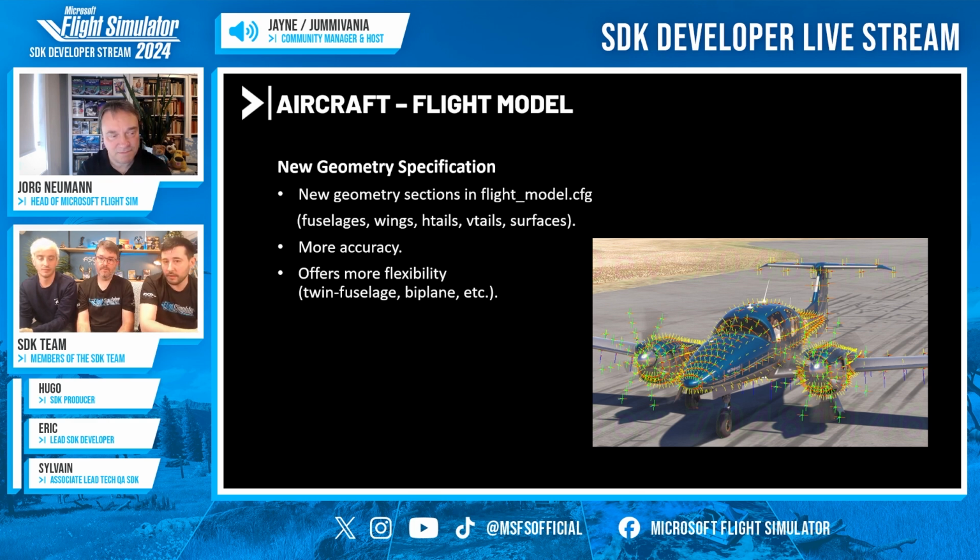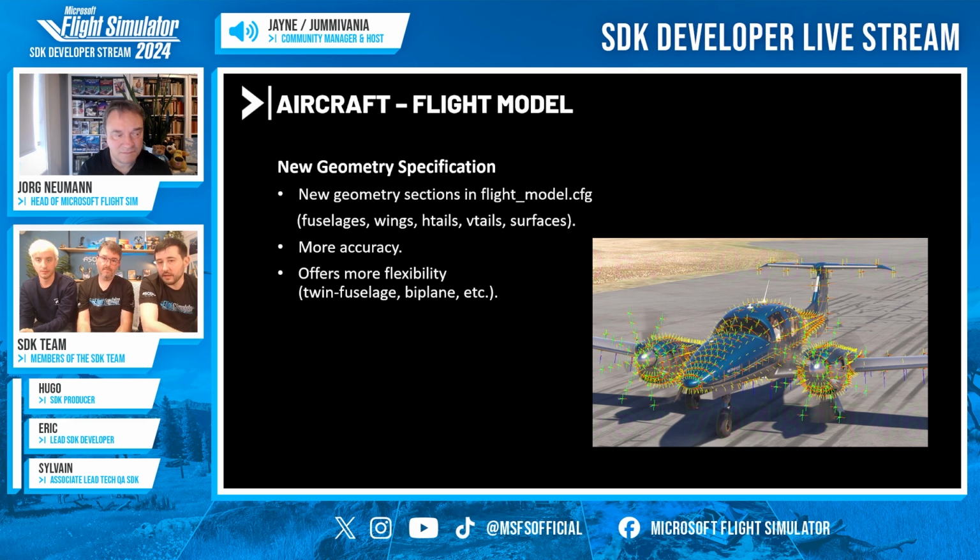You can define multiple of those every time, so it gives way more accuracy. On the DA62 picture, we actually used 3 fuselage objects to define the geometry, and the way it's configured lets you really tweak it so that it matches the actual 3D geometry.